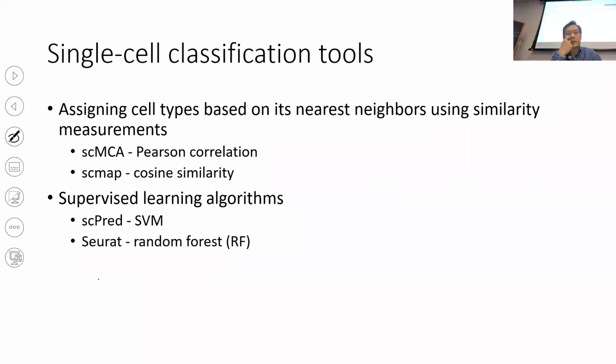I will mention a couple of these single cell classification tools, and I would say none of them work very well. The reason, again, is that in biology we don't have good training data. People are still collecting more and more samples from different tissues and different disease states, and new cell types are just being discovered.